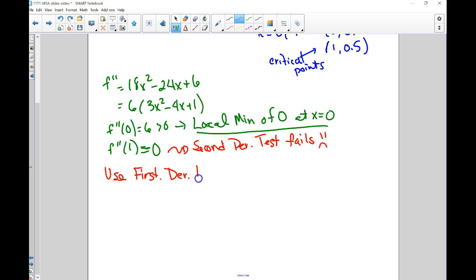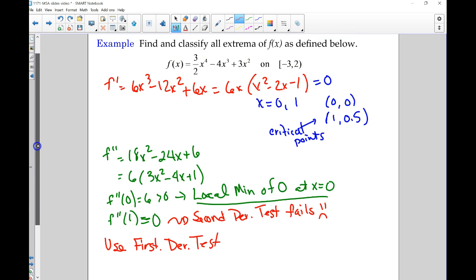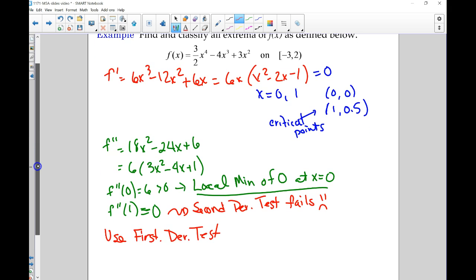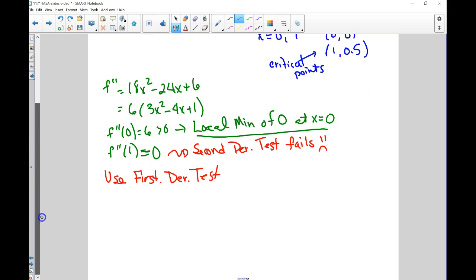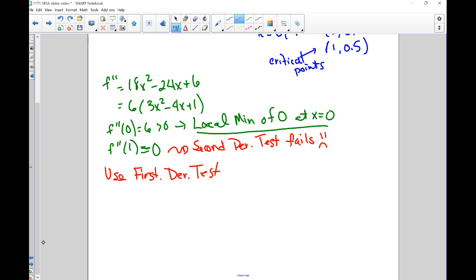Now, had this not failed, I would have been done with the problem in terms of finding the local extrema. For globals, I'd still need to look at the endpoints and whatnot. So let's just go through the first derivative test. I already have my critical points, so I can make a sign chart for f prime and f.